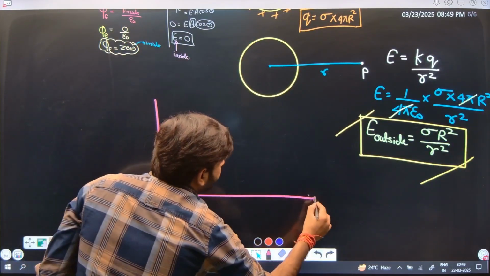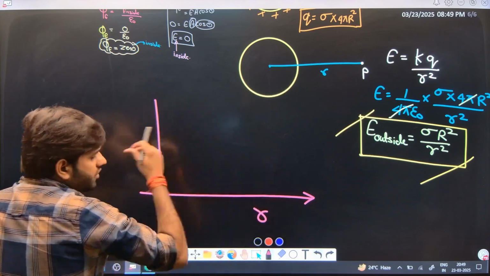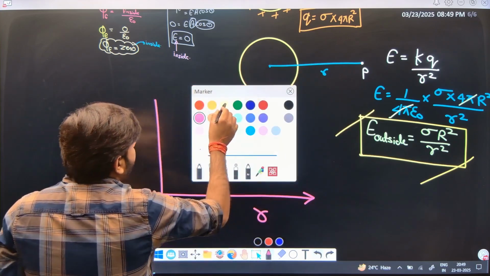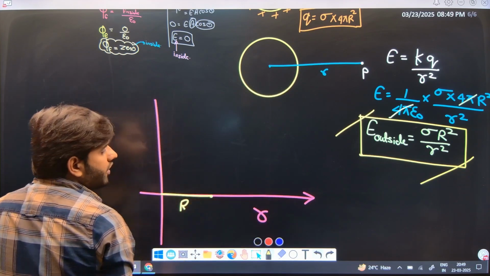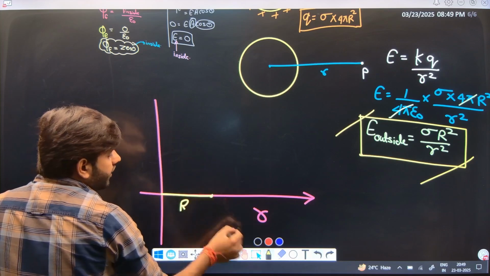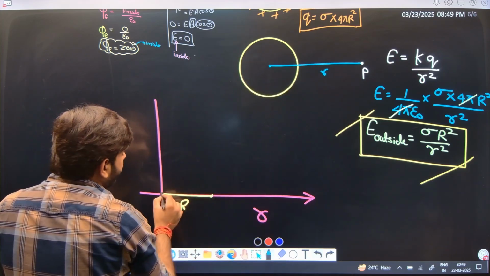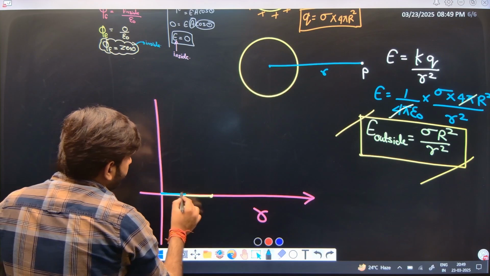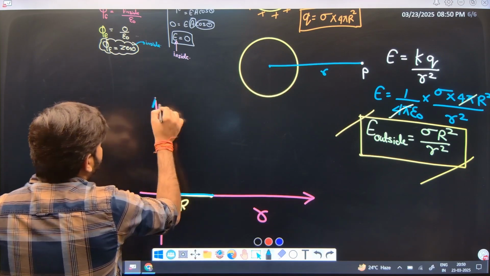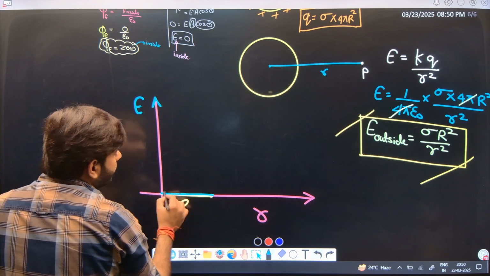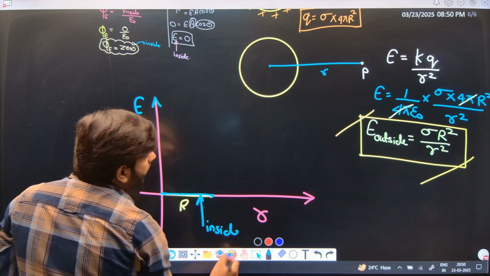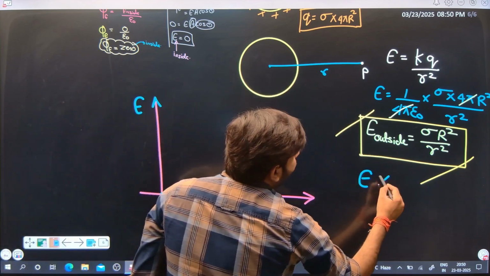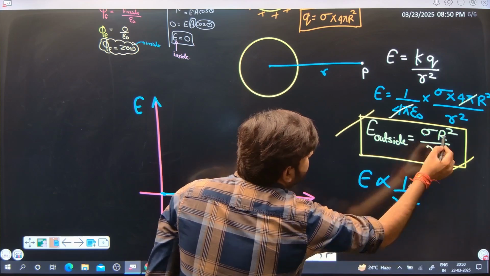Just imagine this is r, the distance from the center, and up to here this is the radius R of the sphere. Till inside, the electric field becomes 0. So I am representing the electric field on this axis; it is 0 till inside, and after that it is proportional to 1 by r square, because the rest is constant.